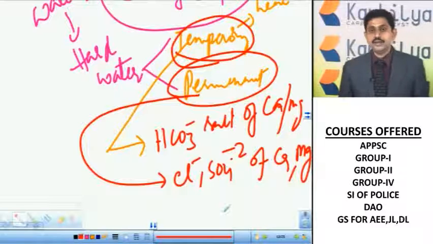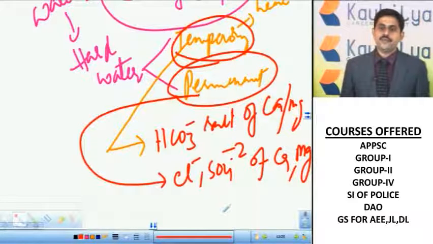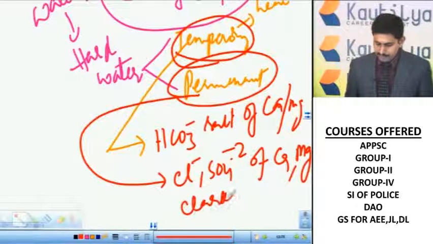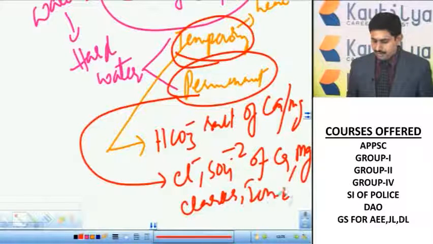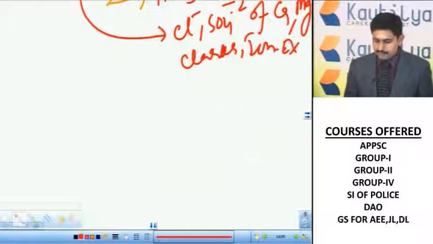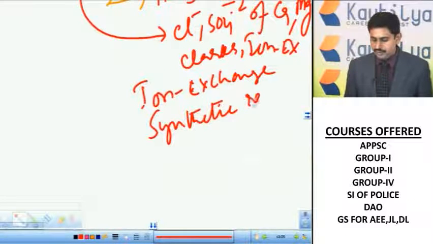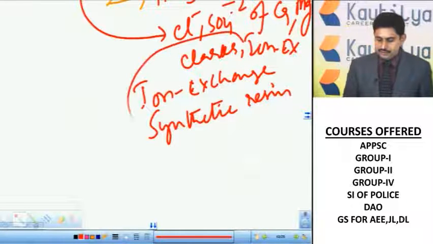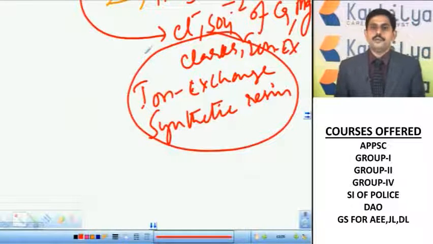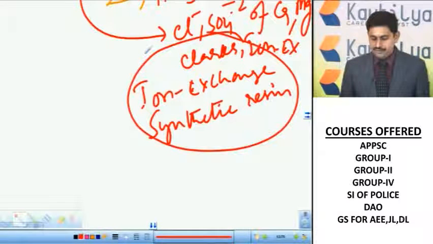These chlorides and sulfates can be removed by different processes, like the Clark method, the ion exchange method, or nowadays the synthetic resin method, which is an organic method. Hardness of water can be converted to softness only by these methods.